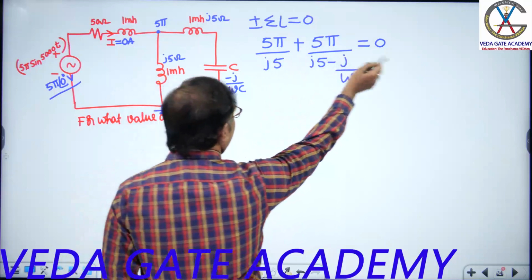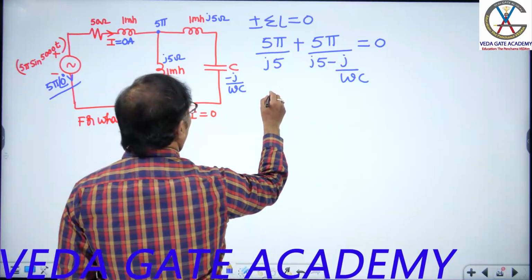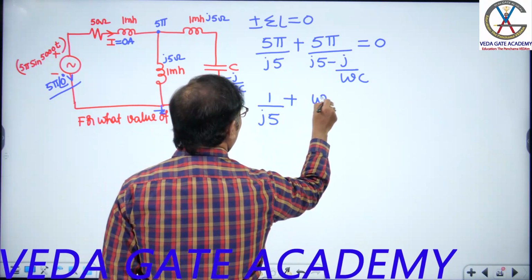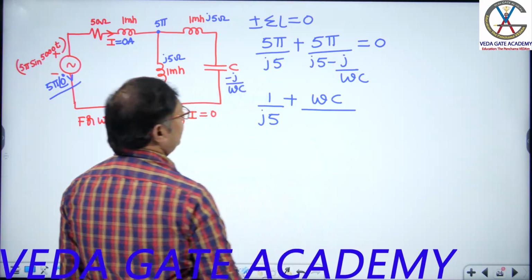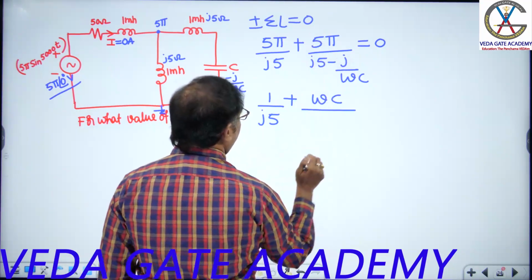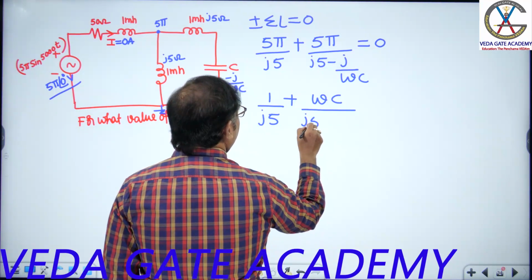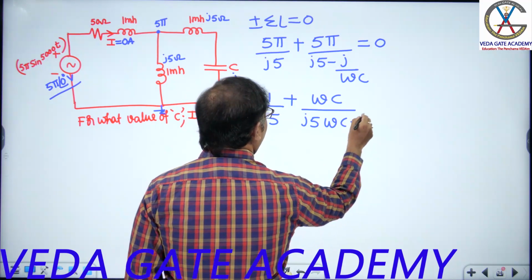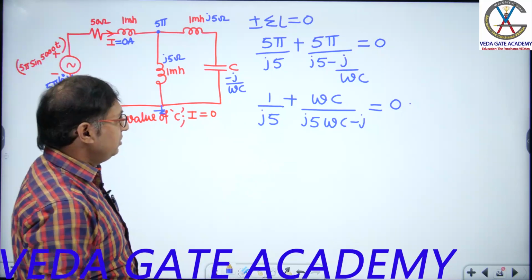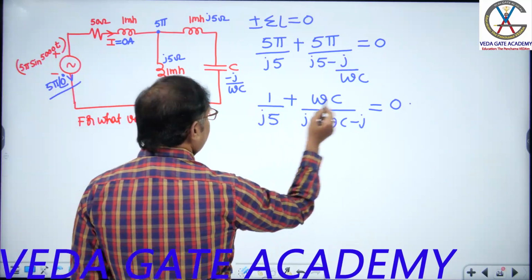First 5 gets cancelled, sir. 5 gets cancelled. It goes to denominator, sir. 1 by J5, okay, plus omega C by, why? Because omega C goes to numerator. J5 omega C minus J equals to 0. Take this 1 by J5 to other side.